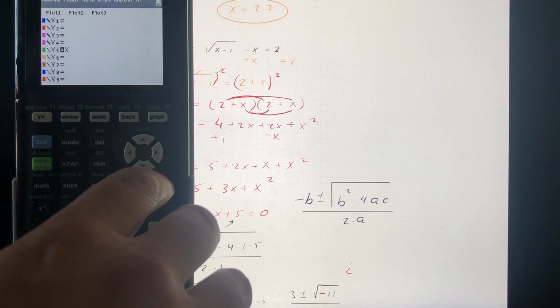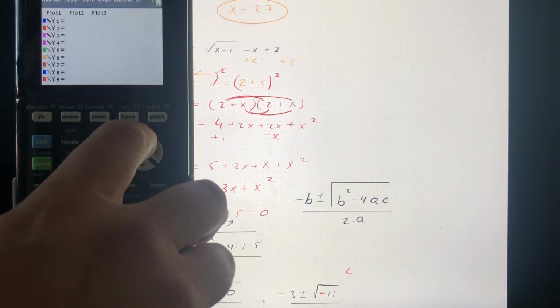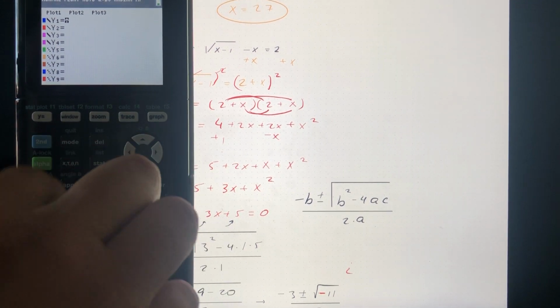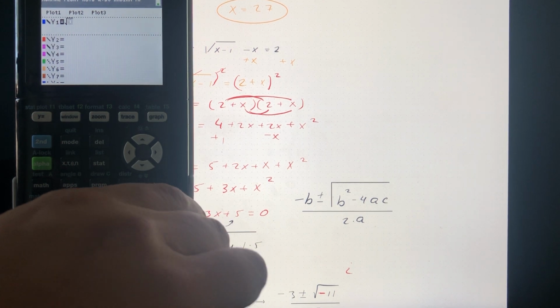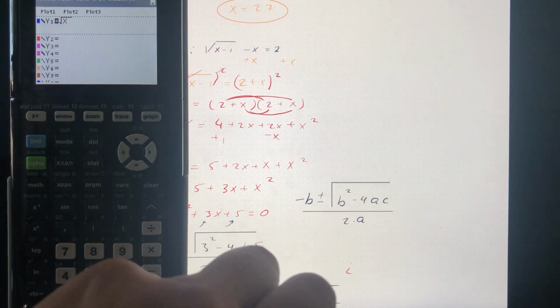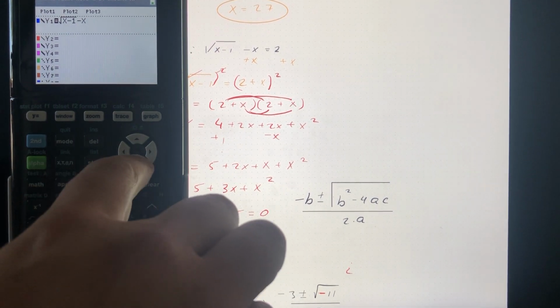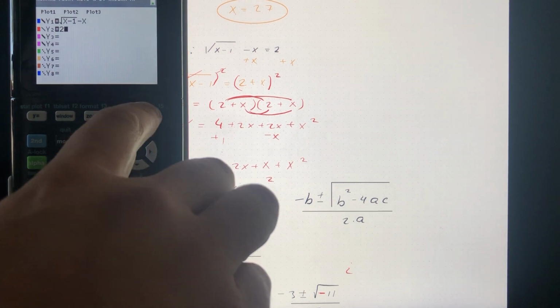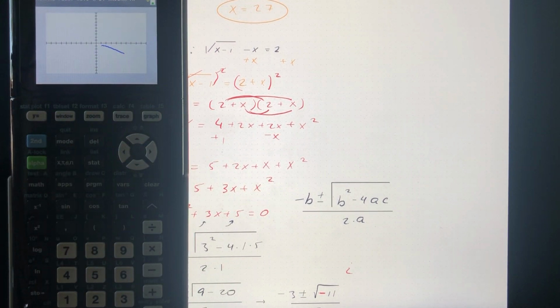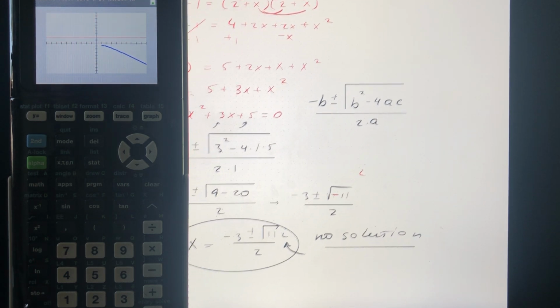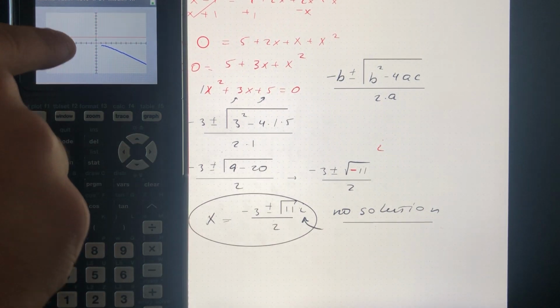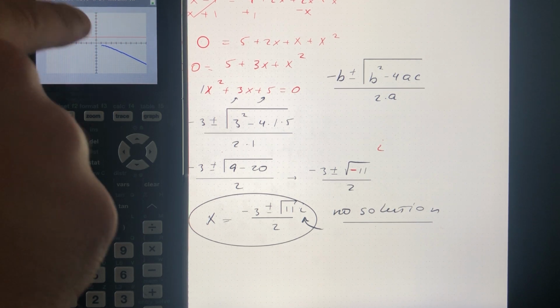Let's clear the screen, and we're going to have the square root of x minus 1, and then also minus x, and then the right side is 2. We're looking to see where they cross. So here's the root, here comes the 2, and they never cross, which is exactly what our answer says. Our answer says no solution, and our picture says the same exact thing, no crossing or no solution.